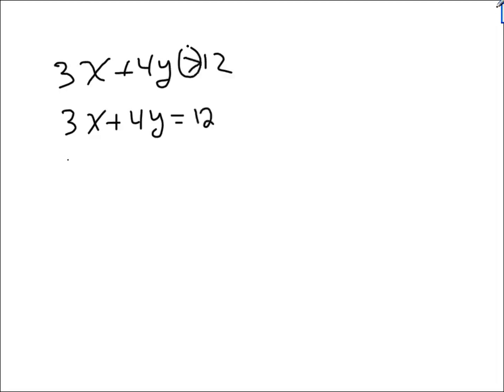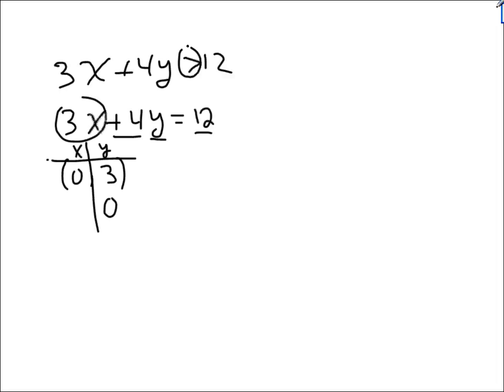So if x is 0, this is not here, positive 4 times y is 12, y is 3. Remember that's how we did that? And if you want, you can draw that. Then you let y be 0, which means this is not here. And 3 times x is 12, x is 4.